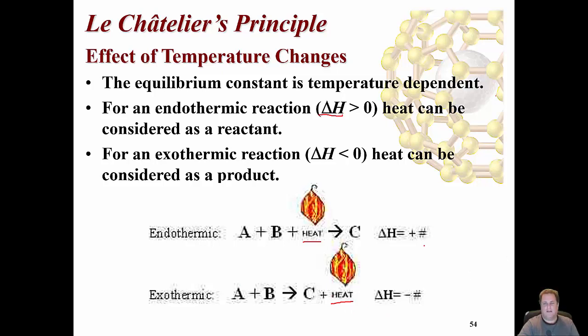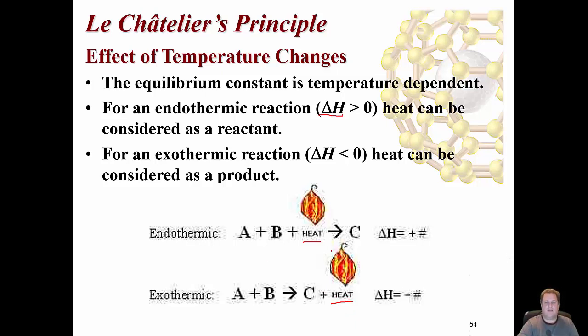We'll get into these later, but endothermic has a positive delta H value. Delta H being negative is exothermic, but that's more of the thermo unit. Ours is just identifying that endothermic means the heat or energy is going to go on the reactant side, and exothermic, the heat or energy is going to go on the right-hand side.